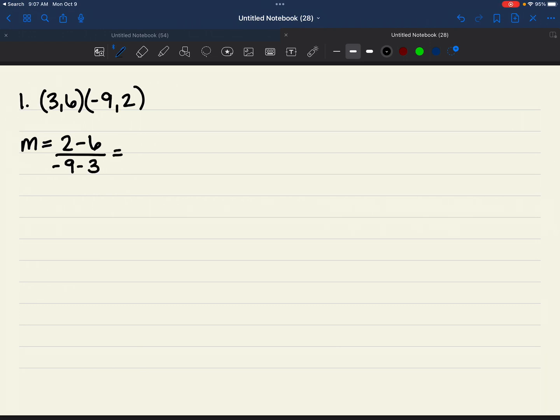Okay, and then we just use simple math. What's 2 minus 6? -4 over negative what? -12. Now, can we have a negative divided by a negative? No, so we know it's going to change to positive, and then we simplify. What would that simplify to? 2 over 6, which would be 1/3. You always want it in complete simplest form.